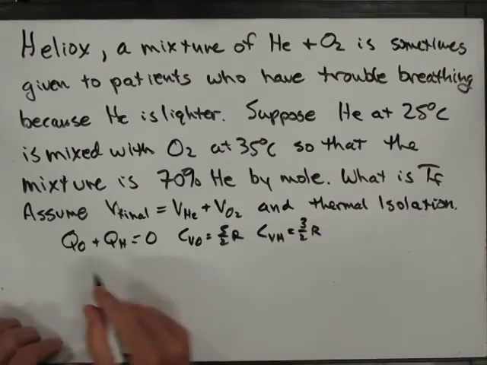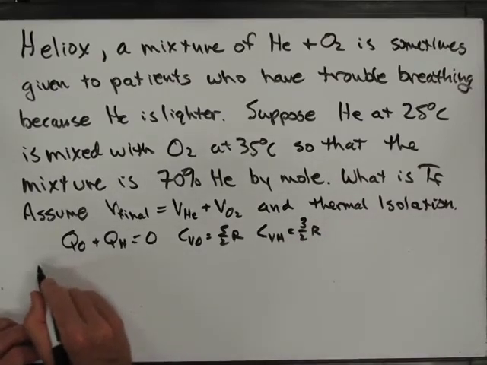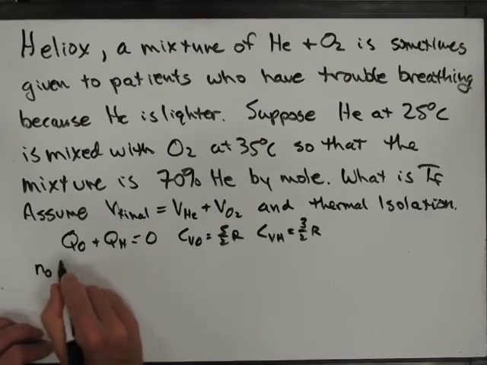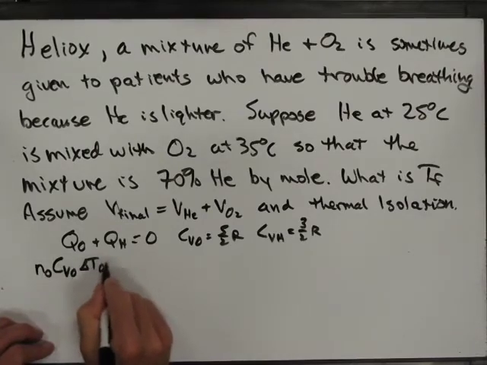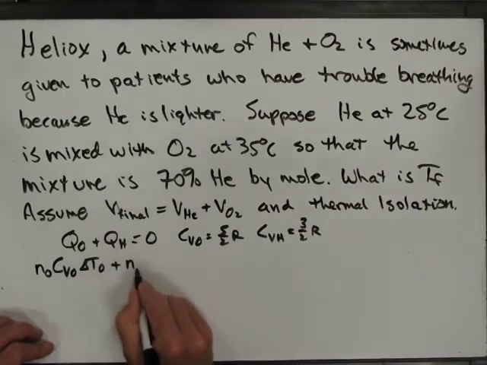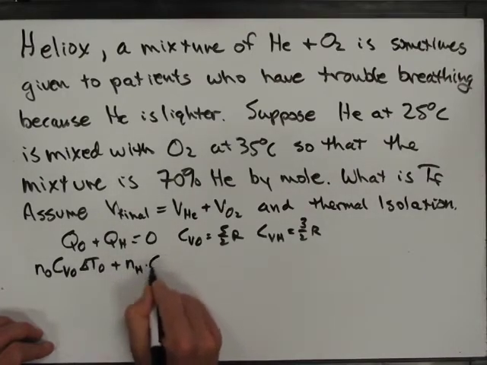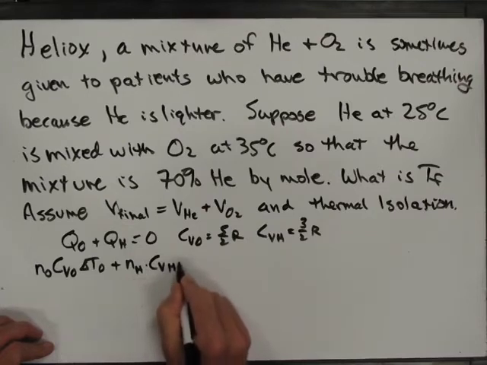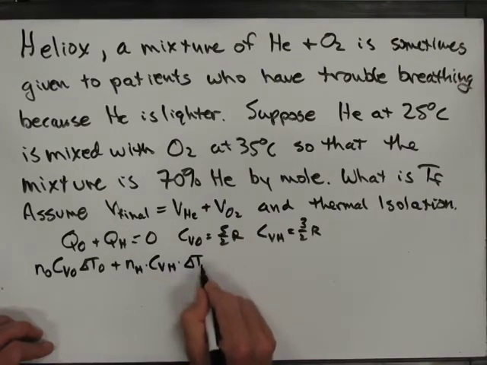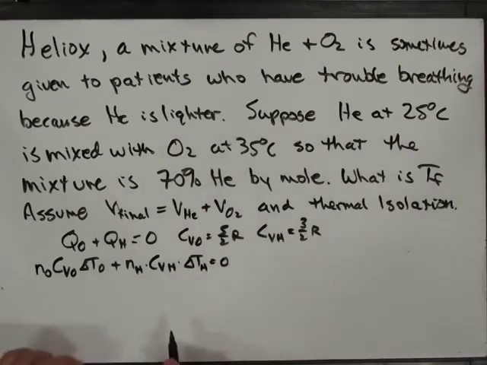And so when we solve this problem, we get the number of moles of oxygen times CV for oxygen times delta T for oxygen plus the number of moles of helium times CV for helium times delta T for helium is 0.